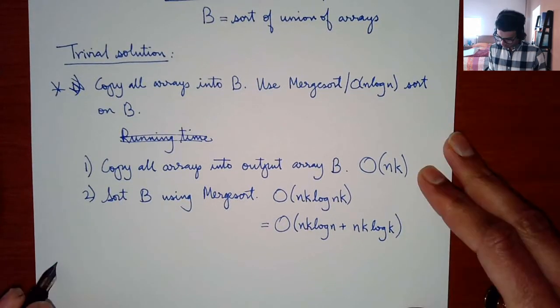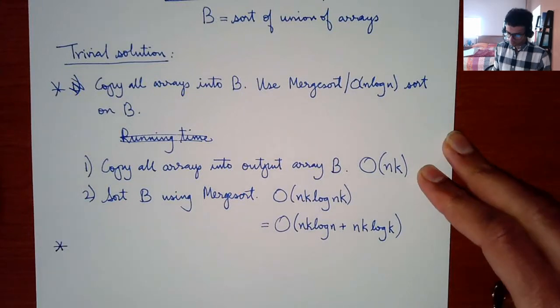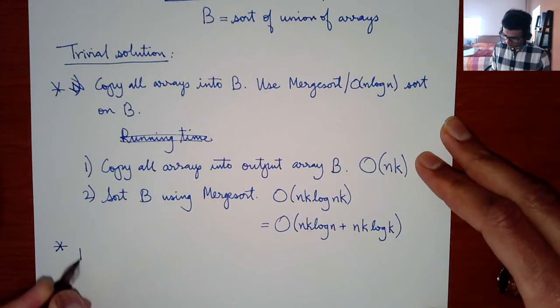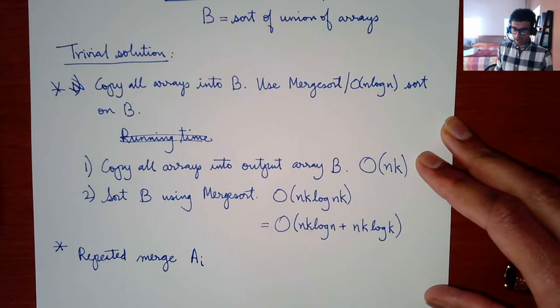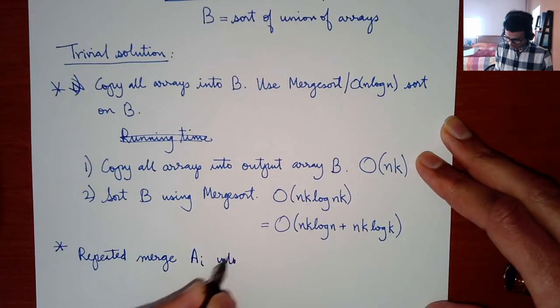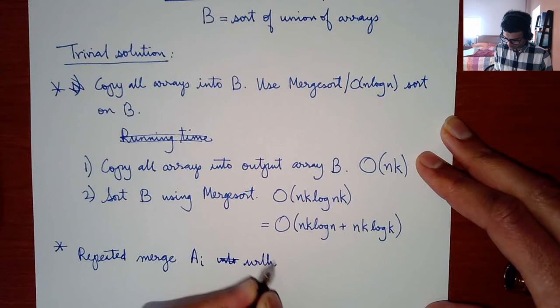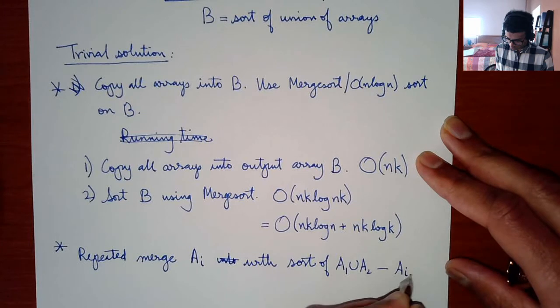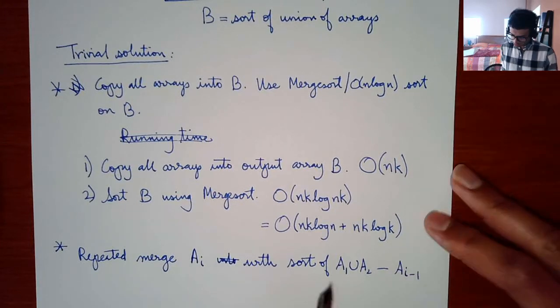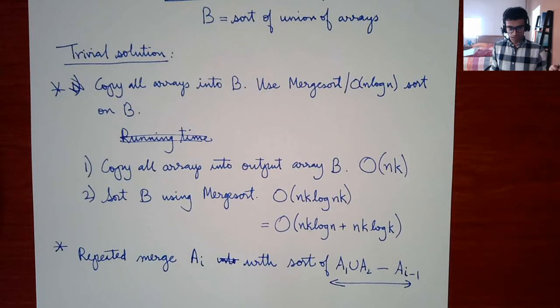So the idea is to repeatedly merge AI with the sorted A1 union A2 up to AI minus 1. Right? So once you've sorted the first I minus 1 arrays, you can then just merge AI with that. You're just doing repeated merge. Okay, so let's look at the running time of this. So let me write it down first.